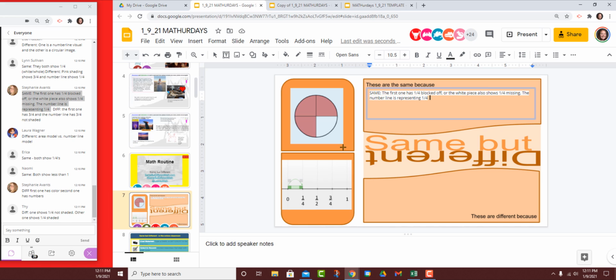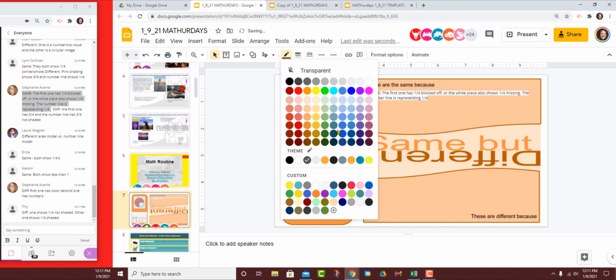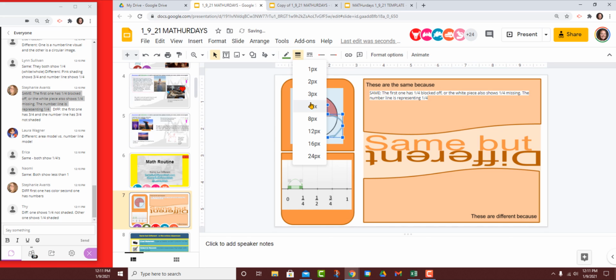So that's our denominator for fourths. So I noticed that it's 1 out of the 4 pieces that are either blocked off or white. And then for the second one, it's kind of hard to see, but it's showing from 0 to 1/4 with the little blocks. I guess that's what they are. I'm hearing 1/4 in both of those.